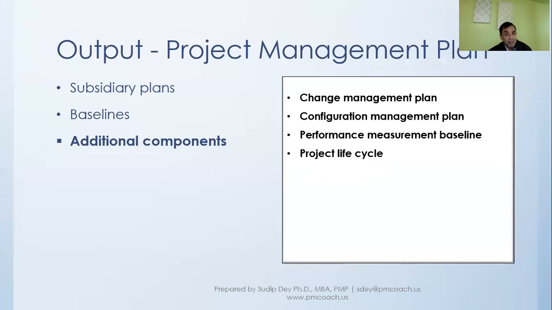What is the project life cycle, in what kind of phases we'll take it, how we have divided it into different phases, what is the development approach, is it adaptive, is it predictive, and then how often we'll have management reviews, and so on and so forth. So these are some additional components that will come in the project management plan.